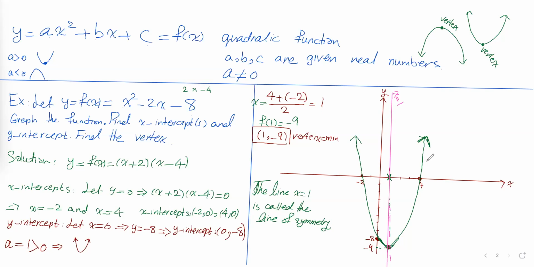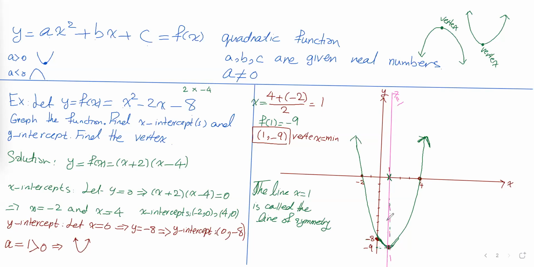Okay. So you see, if you can find the zeros of a parabola, then it's going to be very easy to draw it. Because once you have the two x-intercepts, or the zeros or the roots of your parabola, then you find the midpoint. And once you found the midpoint, you find f of that midpoint. F of that midpoint gives you the vertex, and you're done.